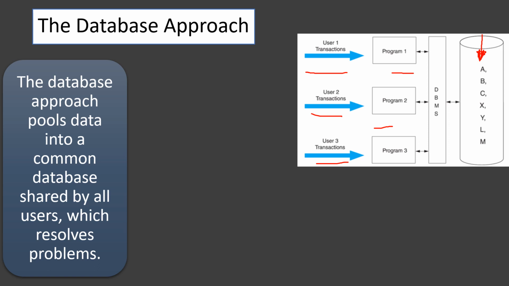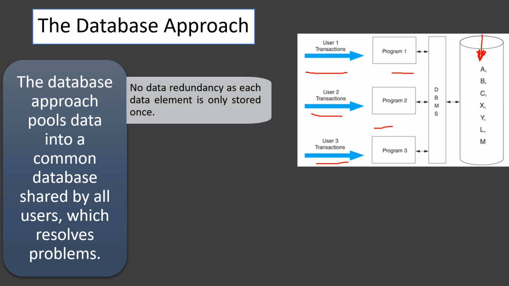By having this database approach, which pools data into a common database shared by all users, it will solve the problems of flat files. So it will solve the problem of data redundancy.